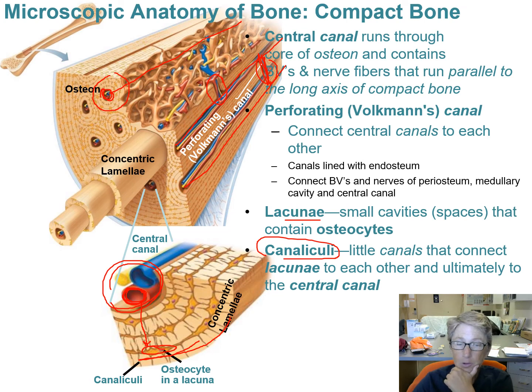But the glucose can diffuse out of the blood vessel to this first osteocyte, and then through the canaliculi, the projections of this osteocyte can transfer the glucose to this osteocyte, and then this osteocyte can transfer the remaining glucose to this osteocyte.